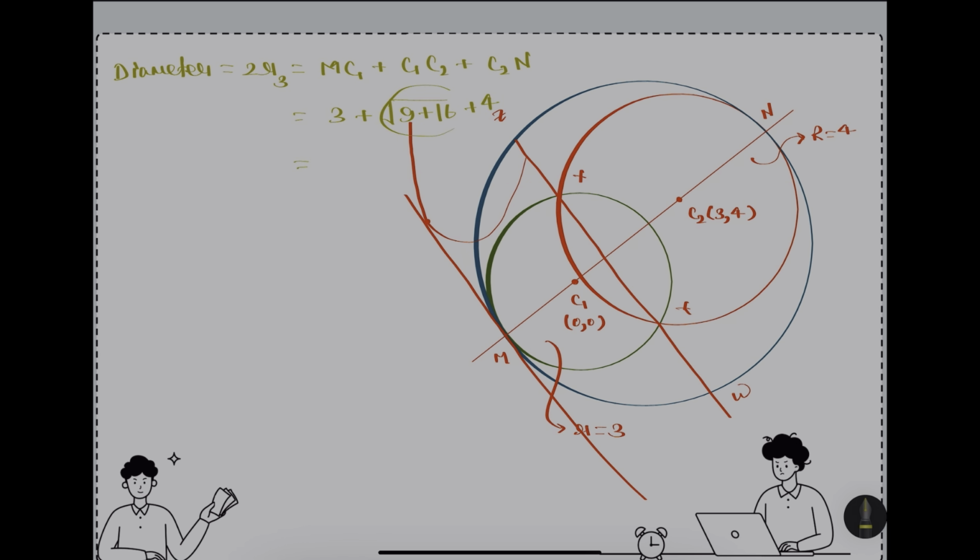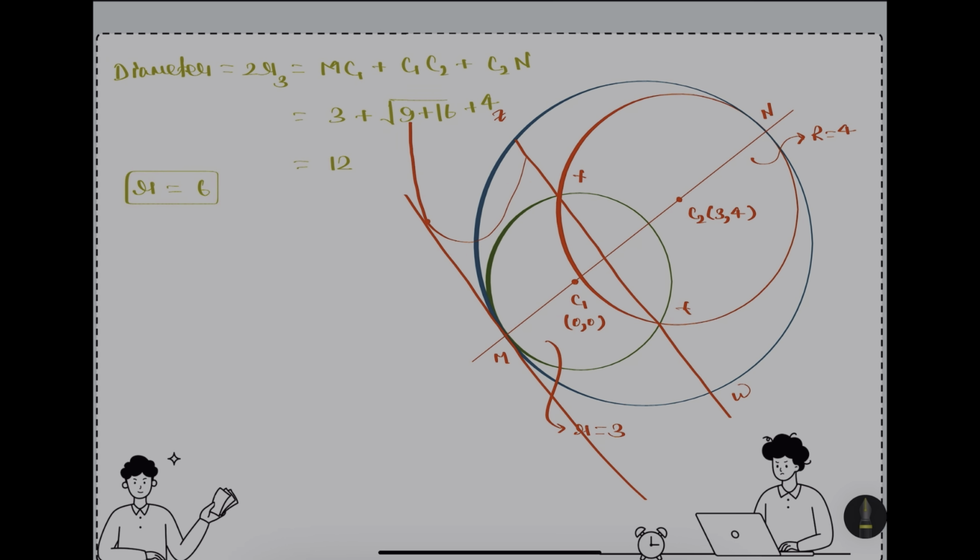So it is 5. 5 plus 4 is 9, plus 3 is 12. So 2 times radius is 12. So the radius is 6. So you got the radius of the circle.